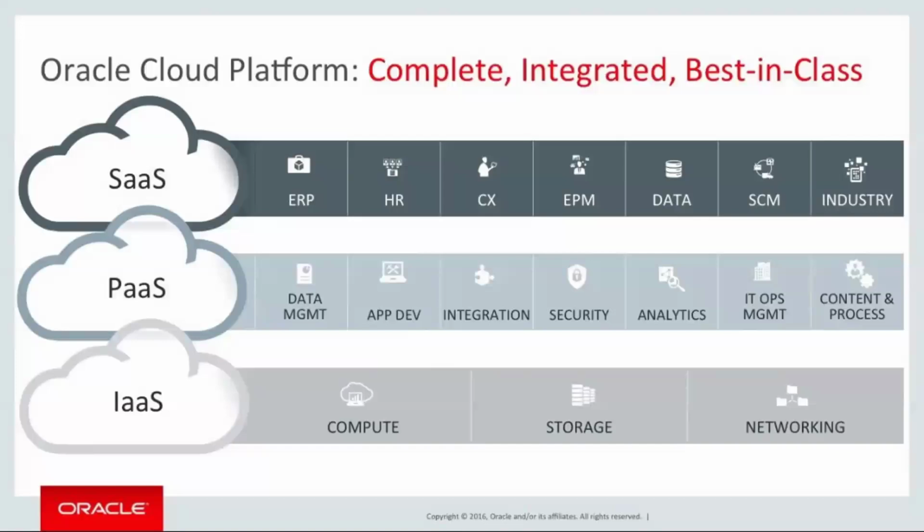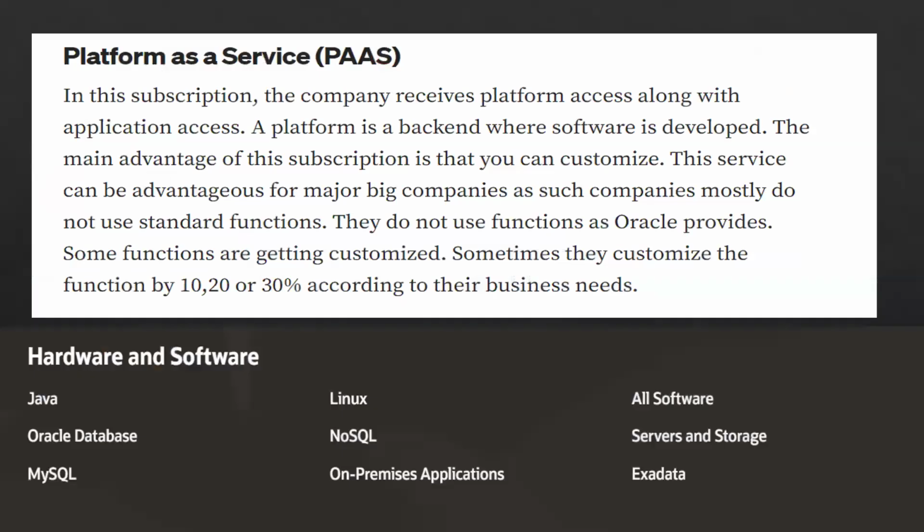What is PaaS? What is IaaS? What is SaaS? So PaaS is platform as a service. It is suitable for very large companies. Let's see what functionalities are involved in this PaaS subscription and how we can use it.